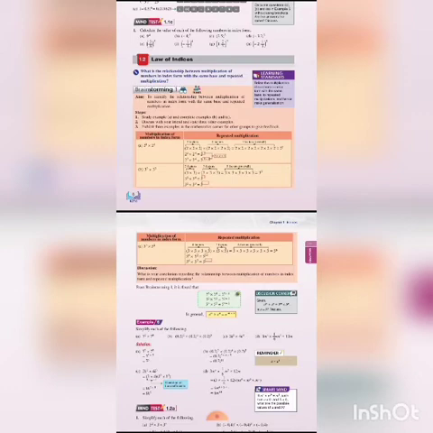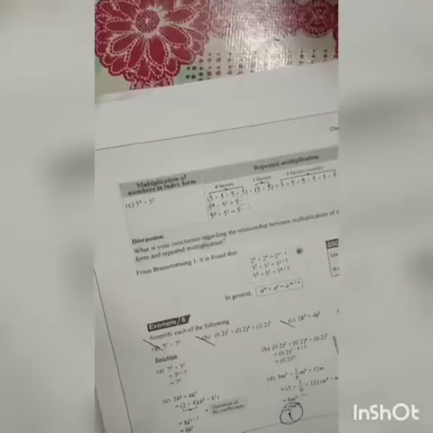For example the index is 6 because 6 factors: 5 multiply 5 multiply 5 multiply 5 multiply 5 multiply 5. So the answer is 5 square 4 plus 2. So the answer is 5 square 6. So this is the answer.